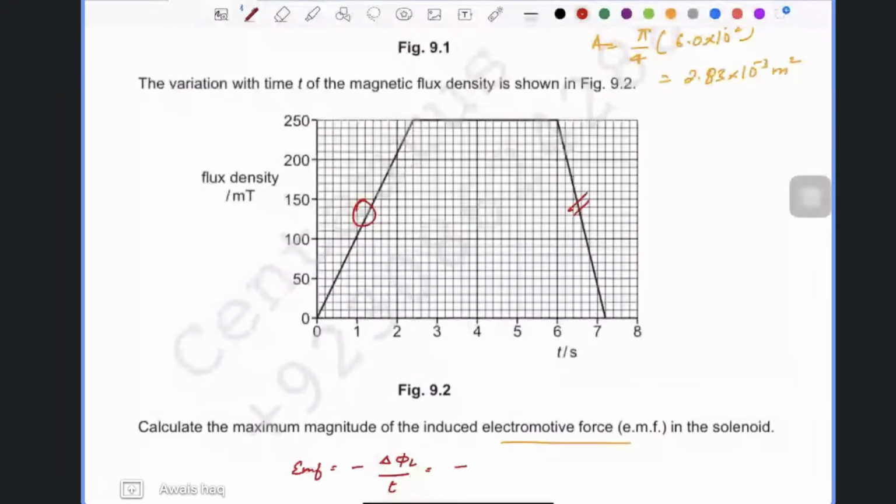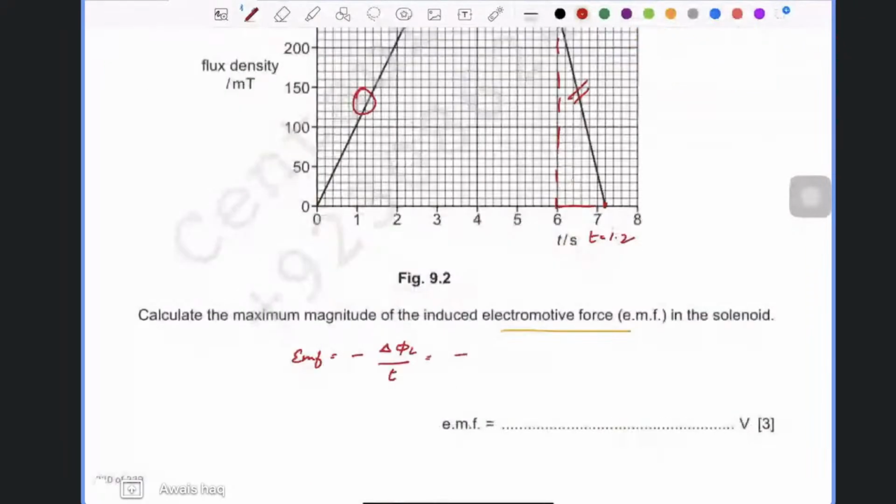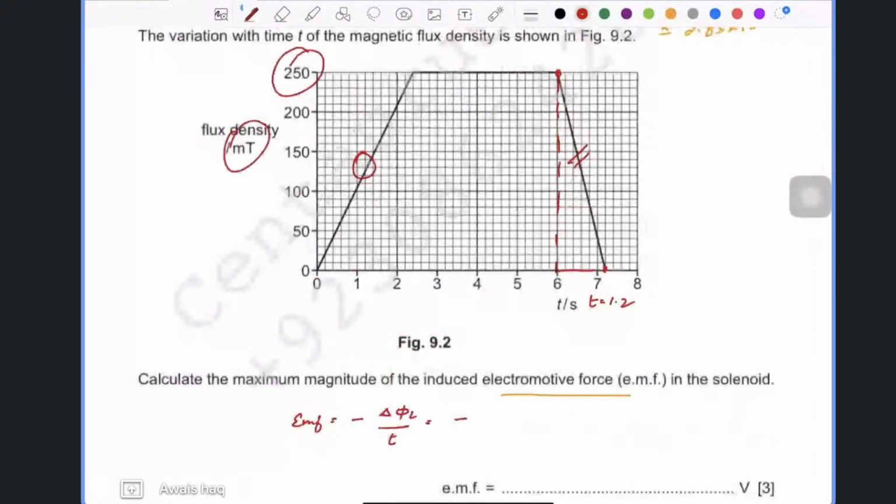From this point to this point, you might see here it's about 1.2. So time is 1.2, and the flux change was 250 millitesla. So we're going to write 250 times 10 raised to minus 3 divided by 1.2. This will be B times the area.